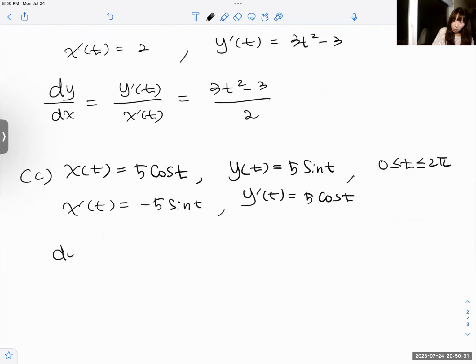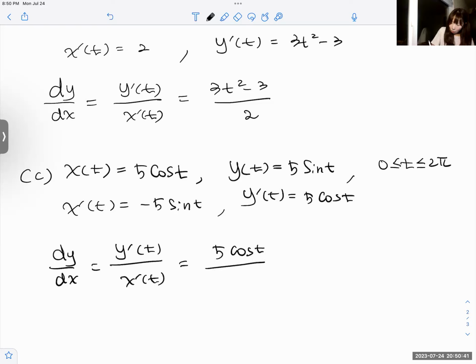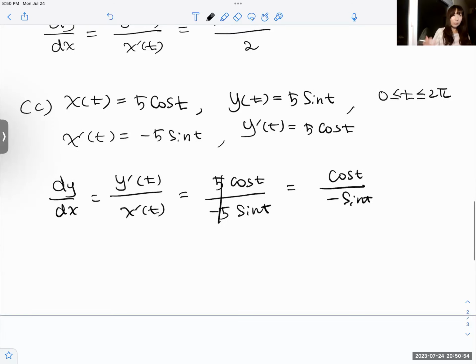So the slope will be y prime of t over x prime of t, which is 5 cosine t over -5 sine t. Simplify, we get cosine t over negative sine t. That's a general slope, right? And if we want a specific point, we substitute, and then we can find the slope.